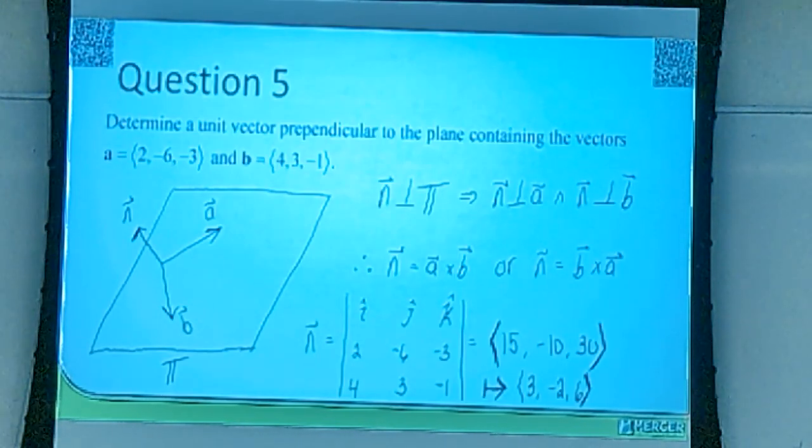It's just going to make normalizing it easier. Remember, normalizing it is 1 over the magnitude of N times N.